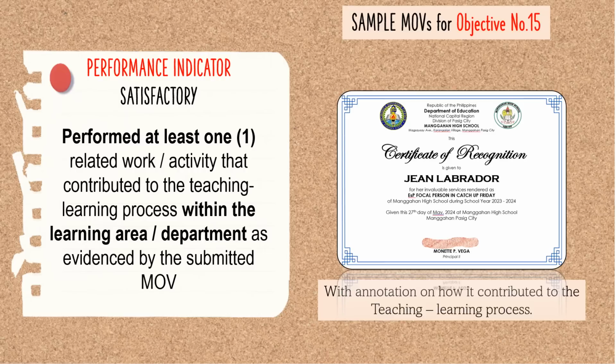Bakit satisfactory? Dahil ang indicator na nakalagay dito ay performed at least one related work or activity that contributed to the teaching learning process within the learning area or department as evidenced by the submitted MOV. Dapat po may annotation din kung paano ito nag-contribute sa teaching learning process.